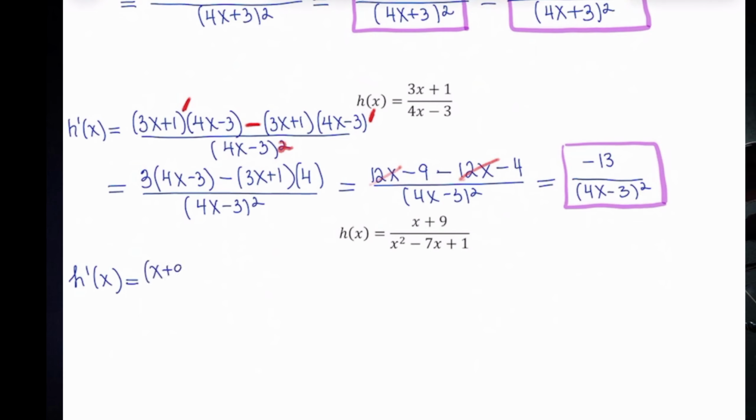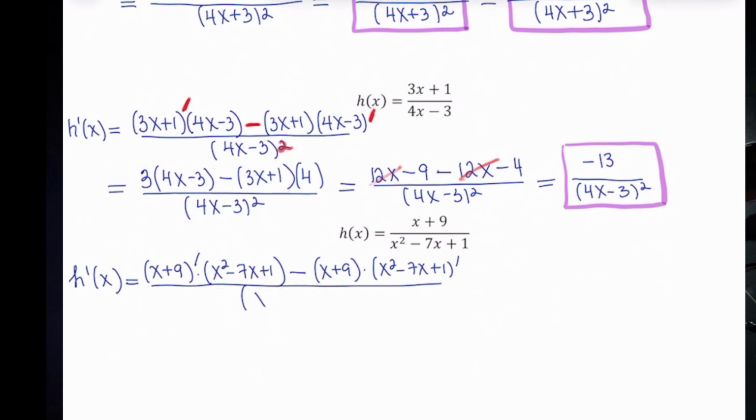This becomes x plus 9 prime times x squared minus 7x plus 1, minus x plus 9 times the derivative of this quadratic. And then the denominator, we are just going to square. Let's highlight the important parts of our formula so everything is correct.